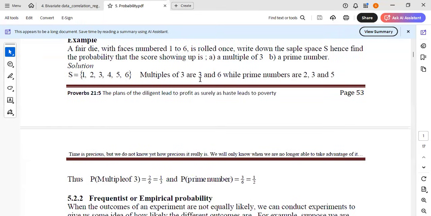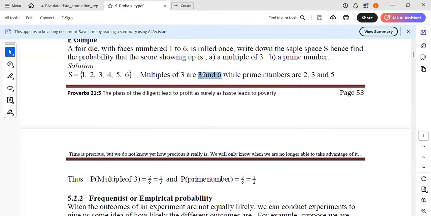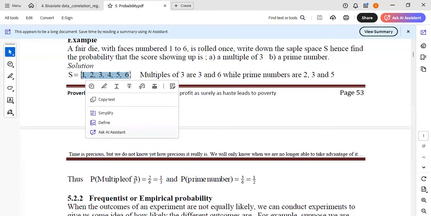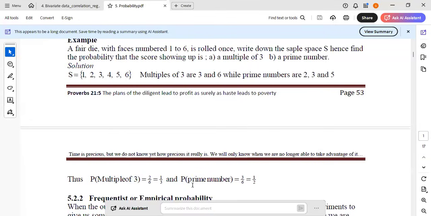We only see two instances here, 3 and 6. So those are two possible outcomes out of all the 6 possible outcomes, and therefore the probability is 2 out of 6, which when you simplify, you get 1 out of 3.